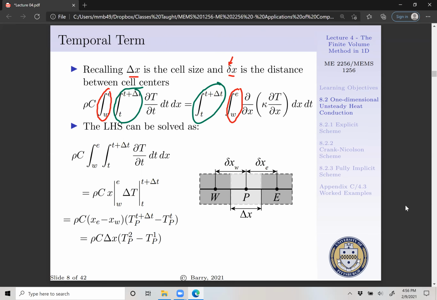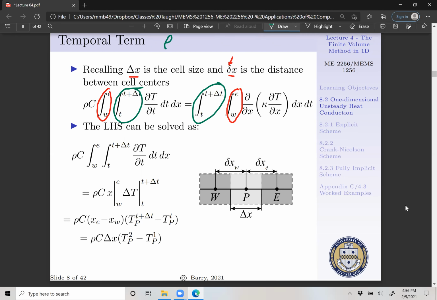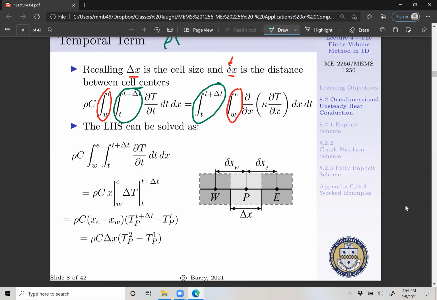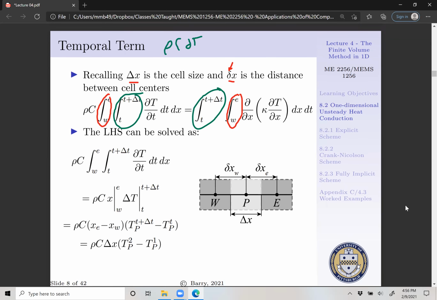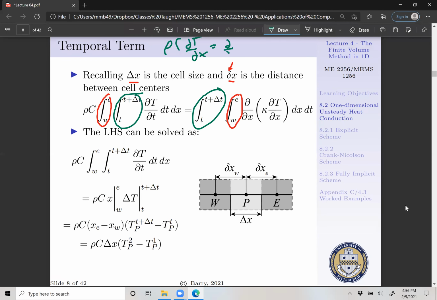So let us look at our governing equation. We had rho c partial T partial t would be equal to partial with respect to x of kappa partial T partial x.